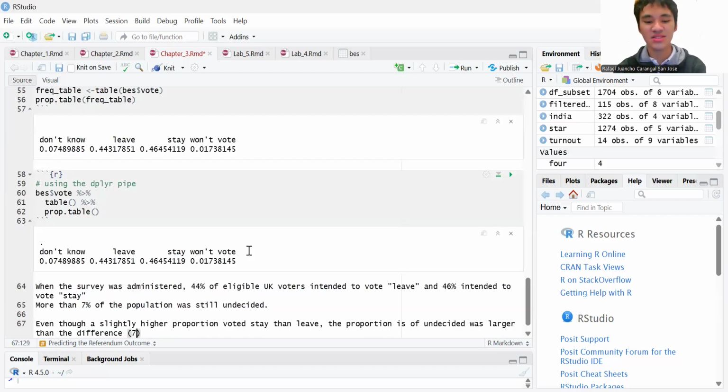What I'm saying is that 7% is greater than 46% minus 44%.